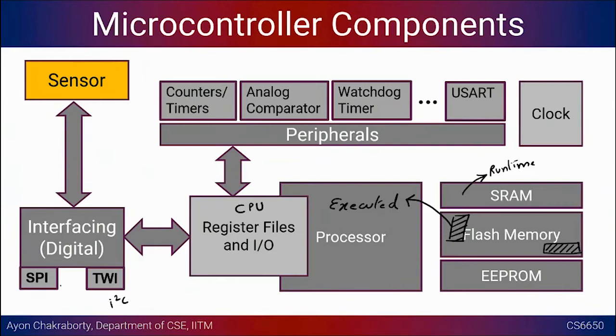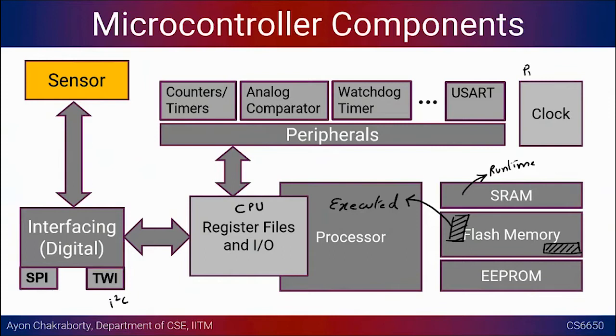All of these different peripherals are connected to the CPU using this memory called the register files and the IO. And we also discussed the clock as well as the concept of prescaler, how the clock is downsampled and fed to different peripherals, right?